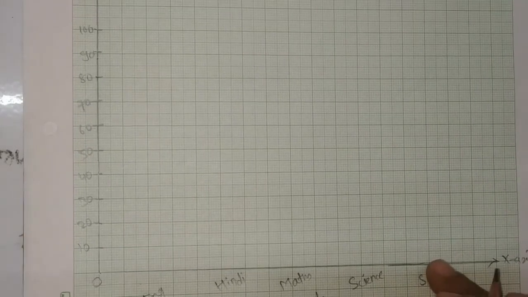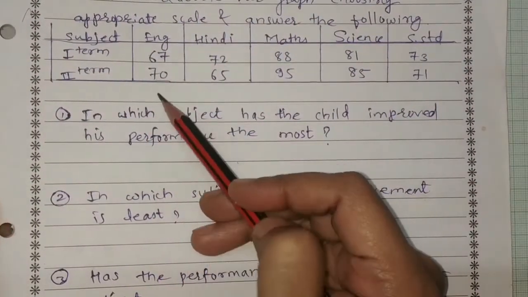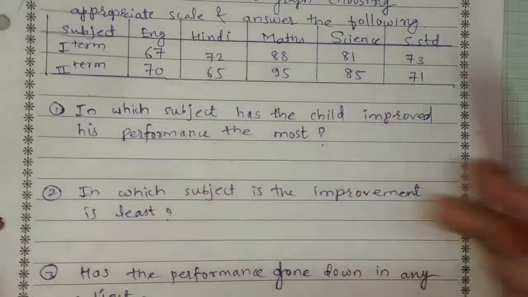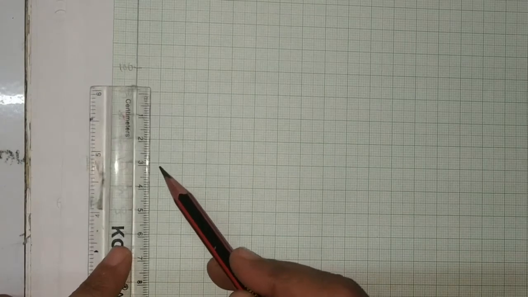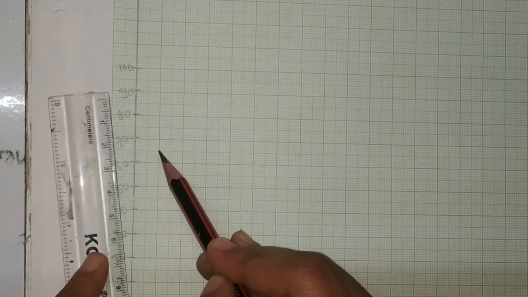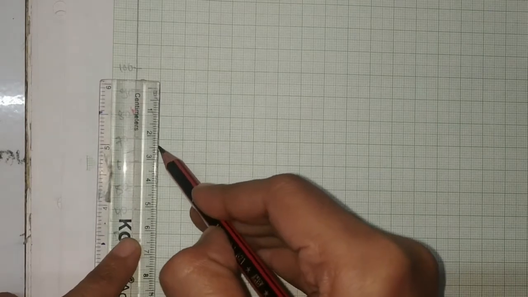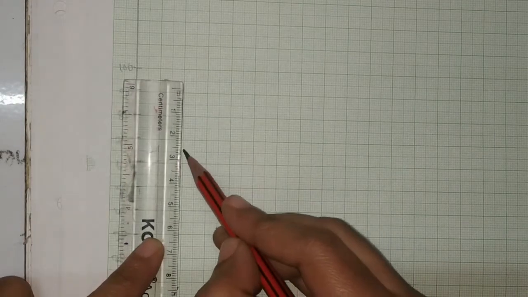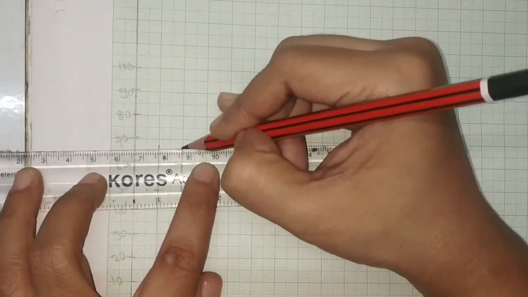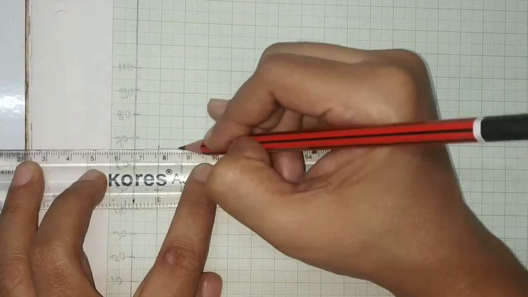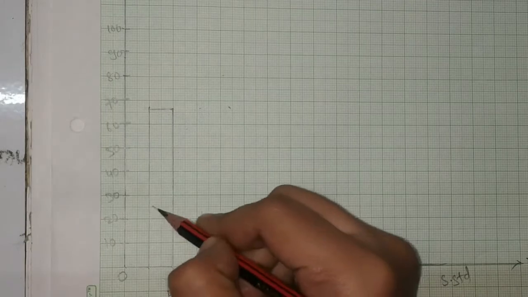So first of all we have the question. We have to take English 67 and 70. So 67 will come here. This is 60, and afterwards we count 5 and plus 2. So this is English first term.